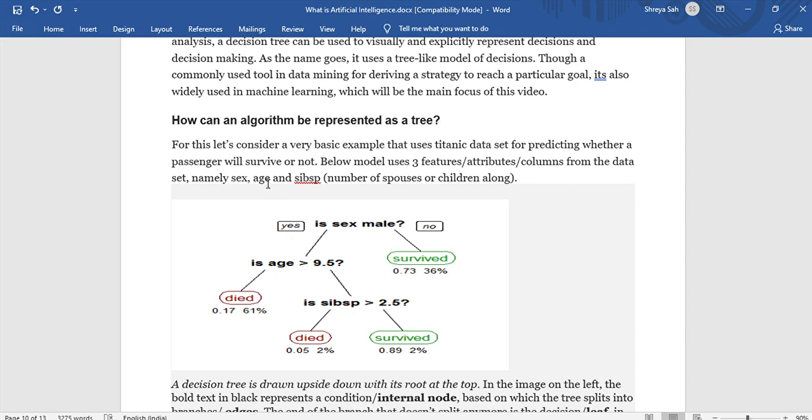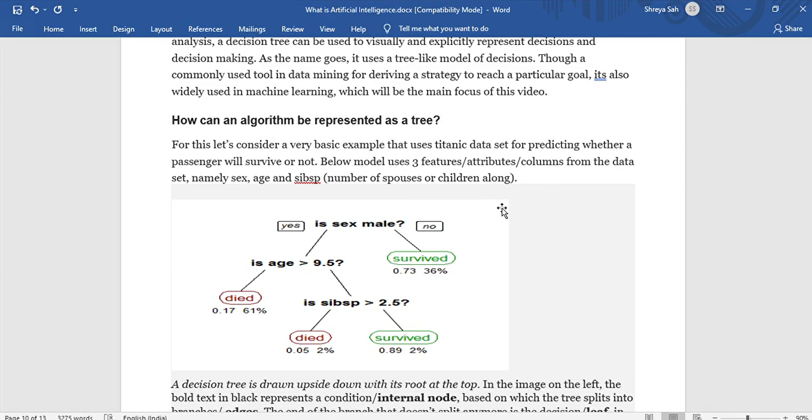The model below uses three features, which we also call attributes or columns from the dataset, namely age, sex, and number of spouses or children along. We have represented it by SIBSP, a variable which basically means the number of spouses or children along. Even if you're not familiar with the Titanic dataset, if you look at it, there are many features.